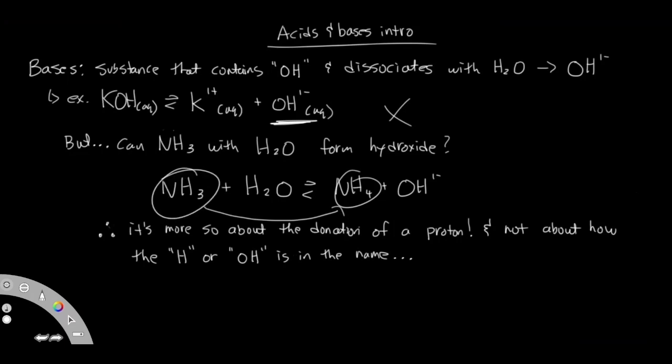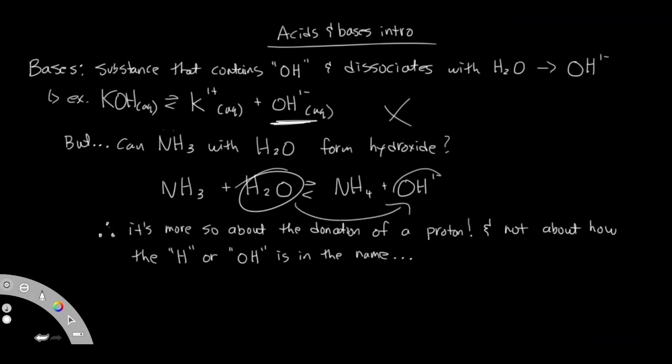It had 3 over here, but now it has 4. So this one did not donate a proton, but actually got a proton. It received a proton. How about this H2O over here? Its counterpart over here absolutely looks like it lost the proton, because there were 2 here. Now there's only 1. So this here was donating the proton, whereas this one here received that proton.